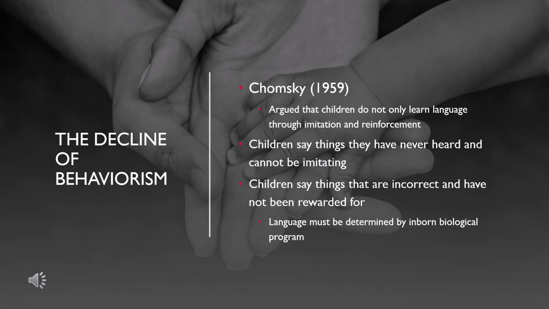Chomsky also thought that children say things that are incorrect, and that things that they have not been rewarded for. He doesn't think that it's only through reinforcement. Observation, children say sentences they've never heard. That suggests some type of innate language ability. So, not just learning through imitation.